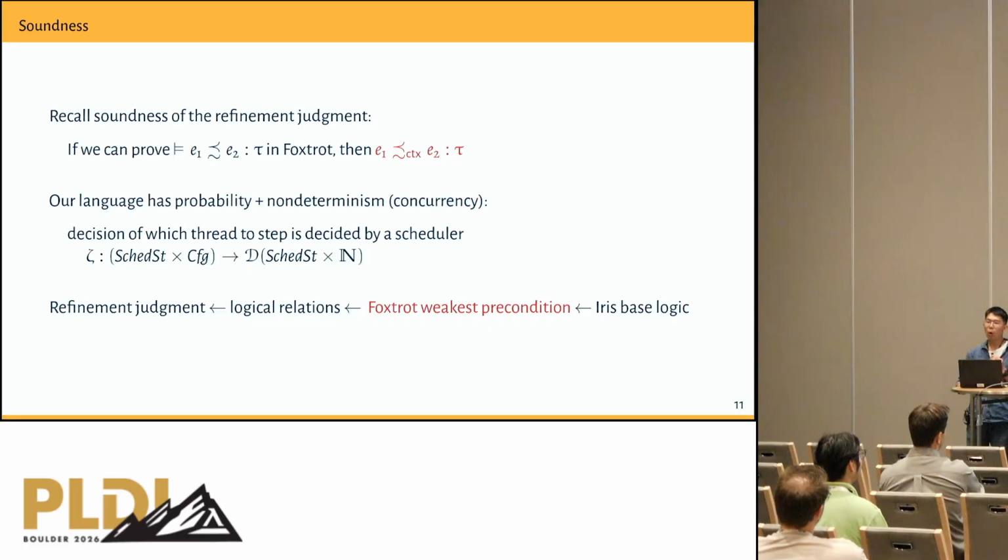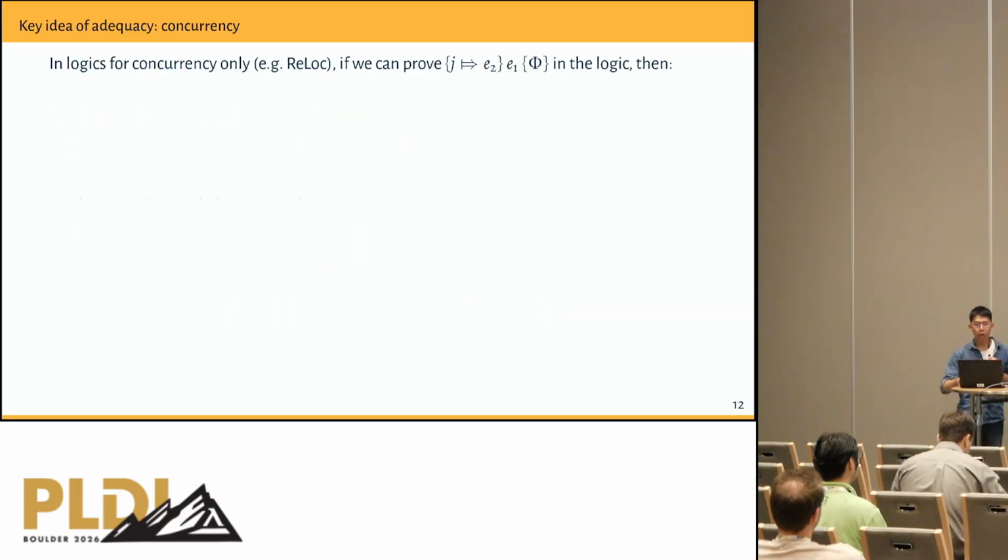To do so, we will have to go back and consider logics for proving contextual refinement for concurrent languages. So we ignore probability for now and just consider contextual refinement for concurrent languages. For example, the ReLoc logic.